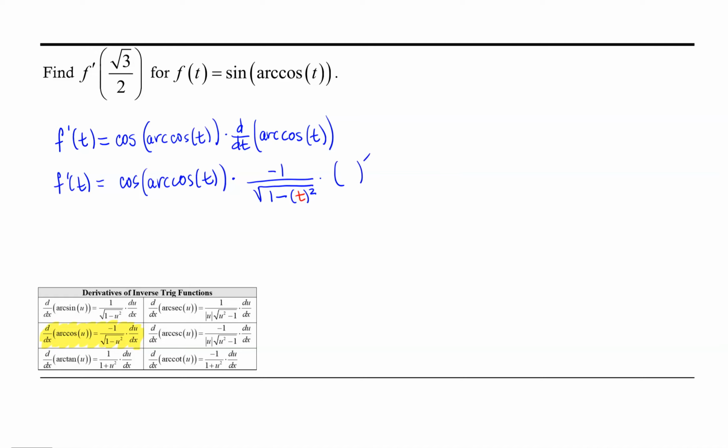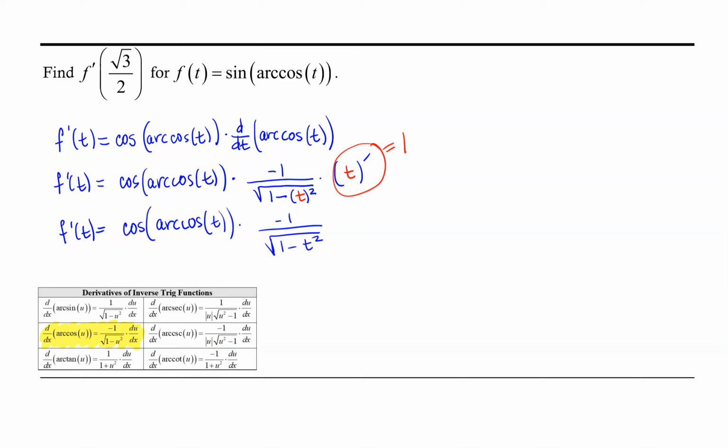In this case, our argument is t. So our derivative function f prime of t is cosine of arc cosine of t times, now the derivative of t is 1, so we have -1 times 1, so -1 over the square root of 1 minus t squared.